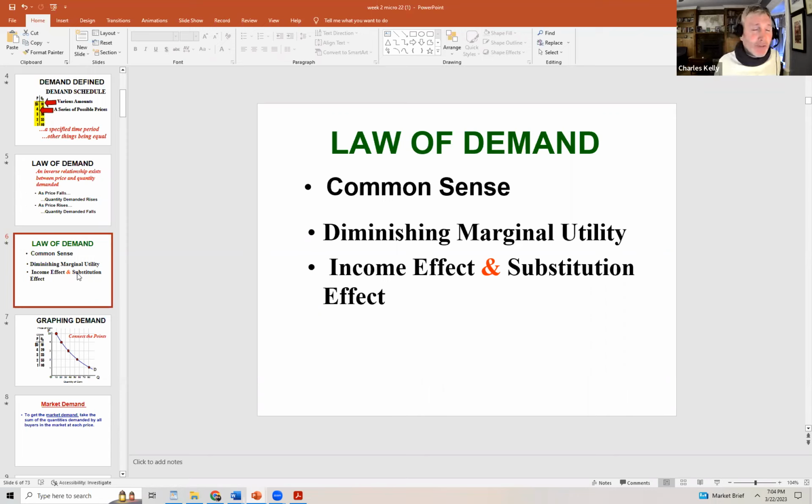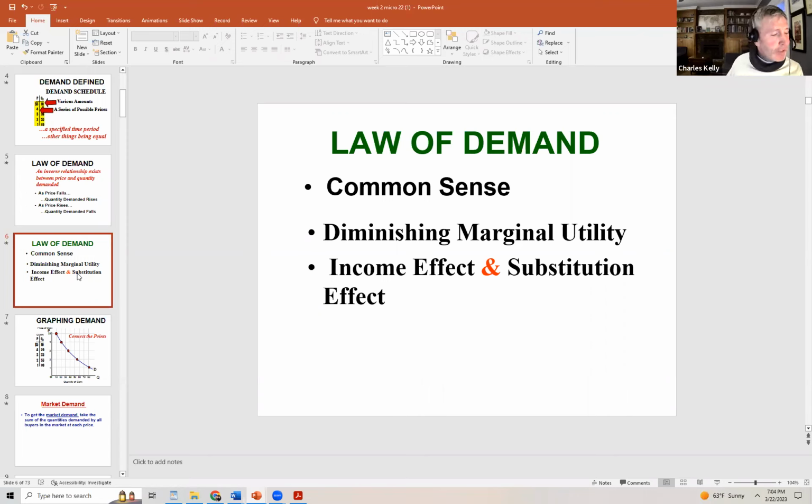And then obviously the scenario would be reversed if you were expecting price to be 4 and you got there and it was 5, right? Price up, quantity demanded down. So when price changes, it affects the amount you can purchase based on your fixed income.